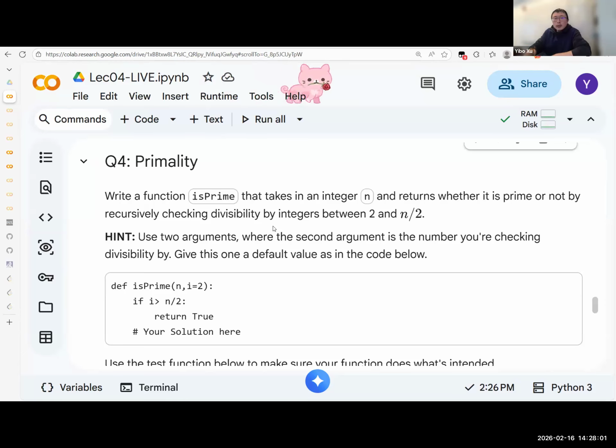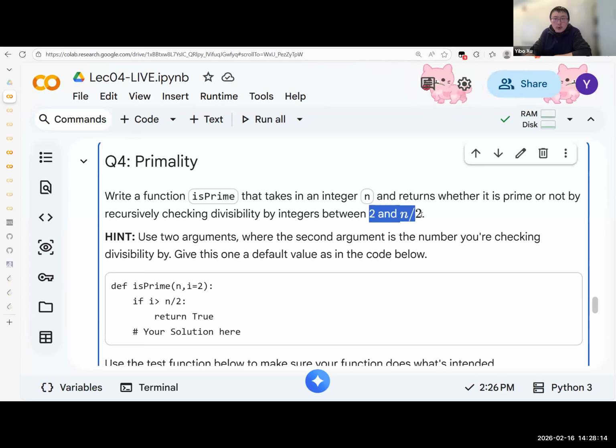I don't really need to divide by numbers larger than half of it, because they are too large to be factors of n. So you just try to divide by 2 all the way up to n over 2 to see if any of them are factors of n. If any of them is, then it's not a prime. This is something you would want to play with.